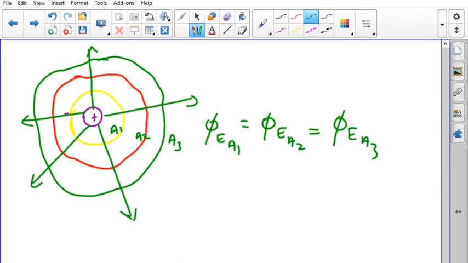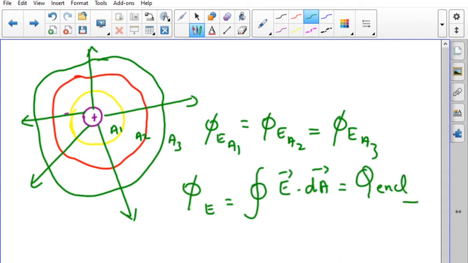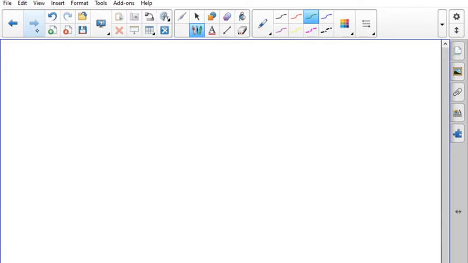If a charge Q is enclosed by an arbitrary closed surface, then the total electric flux through the closed surface is phi E is equal to the integral over a closed surface of E dot dA is equal to Q enclosed by epsilon naught. Here Q enclosed represents the charges inside the closed surface. So the closed surface that we are taking must contain the charges.